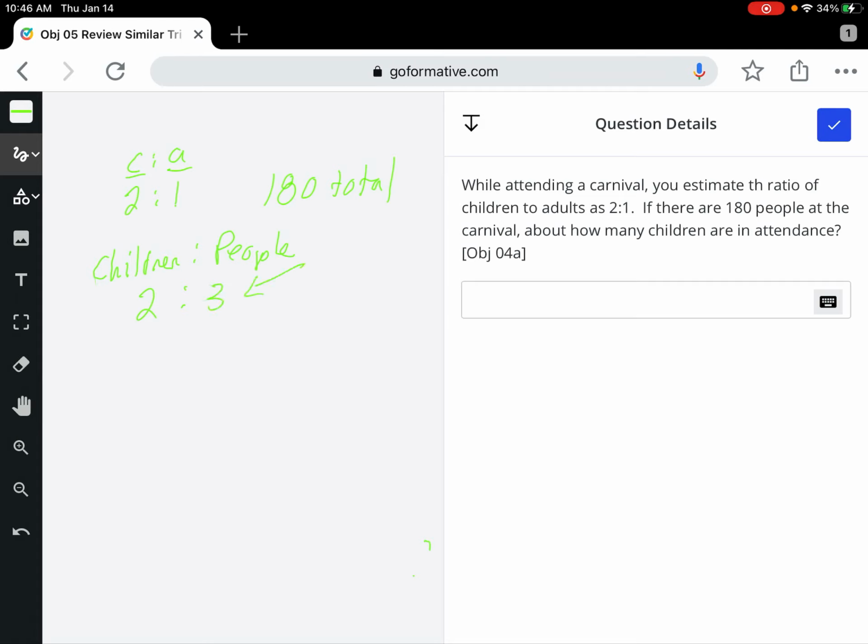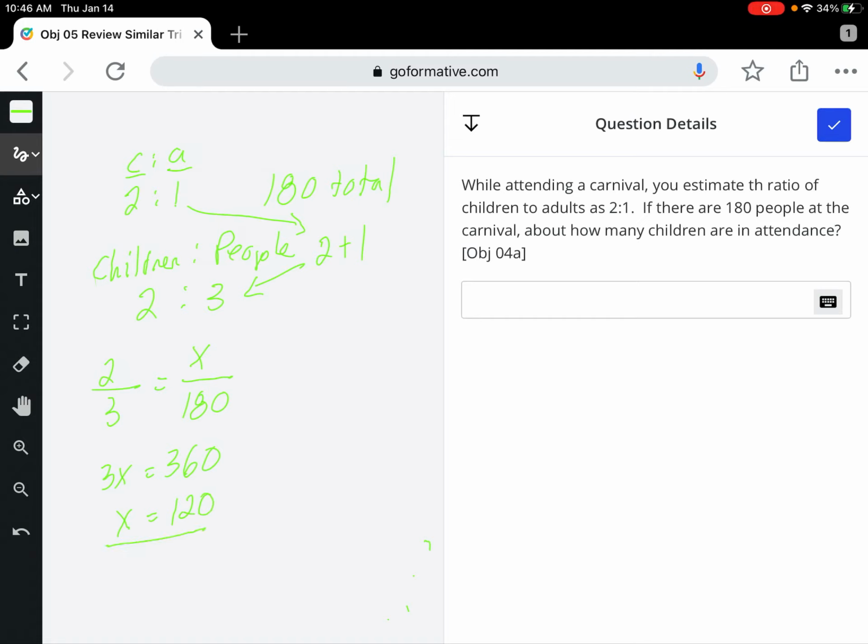And this 3 came from the 2 plus the 1. So you can solve it this way. You can say, okay, 2 over 3, so children to people, and we're trying to find children, and we don't know how many people. So 3x is equal to 360. We divide, this is equal to 120. That's one way to do it.